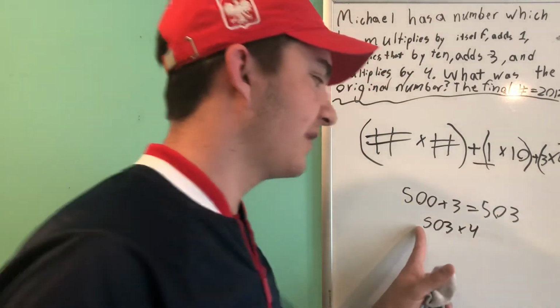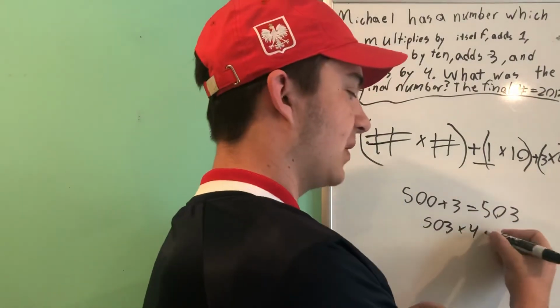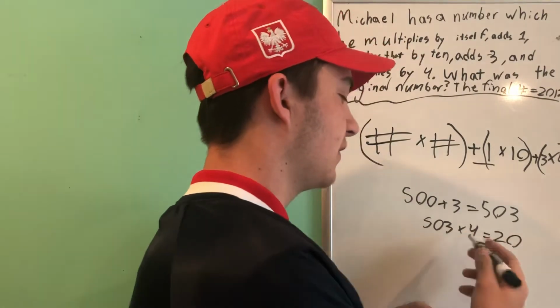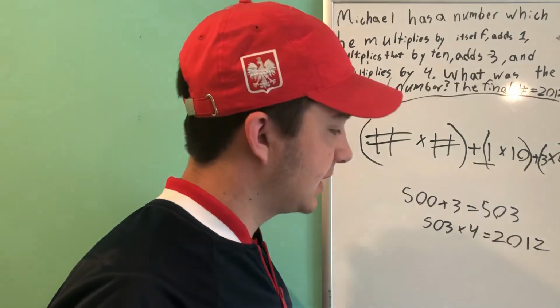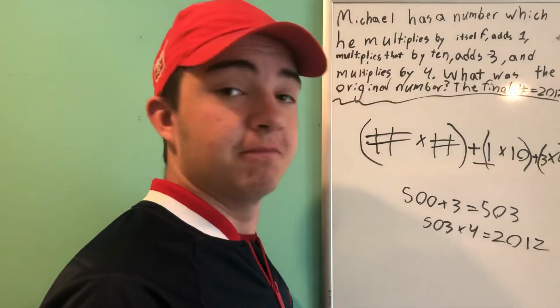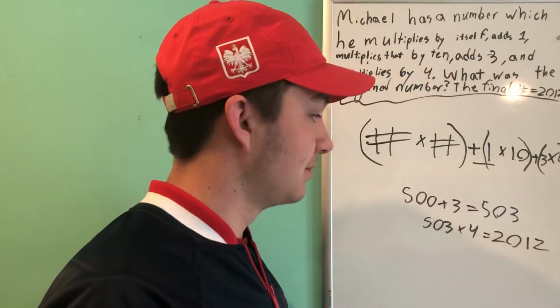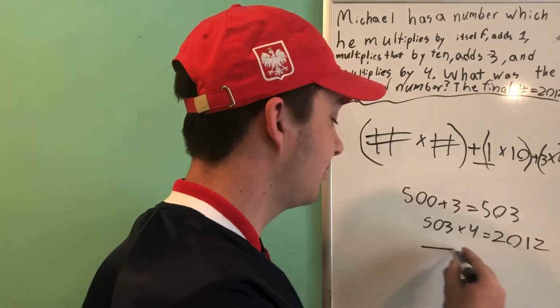Well, 5 times 4 is 20. 4 times 3 is 12. 2012. And we did it. So that's the answer, guys, 7.